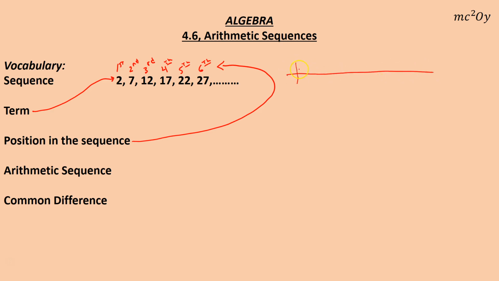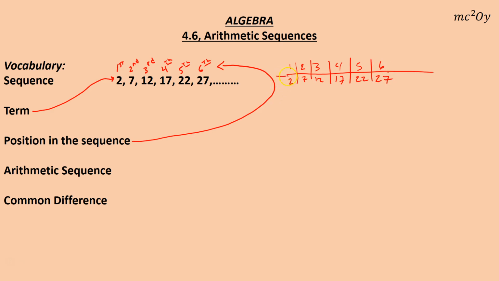We'd make a table. We'd say, well, we'd have 1, 2, 2, 7, 3, 12, 4, 17, 5, 22, and 6, 27.